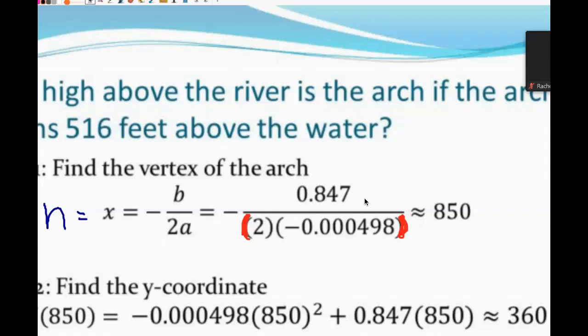If you do 0.847 divided by 2 times, it will divide the 0.847 by 2 and then multiply by that decimal. So you either have to have parentheses or you need to simplify the denominator first. Does everybody understand what I mean? You either have to group your bottom or you have to simplify it first.